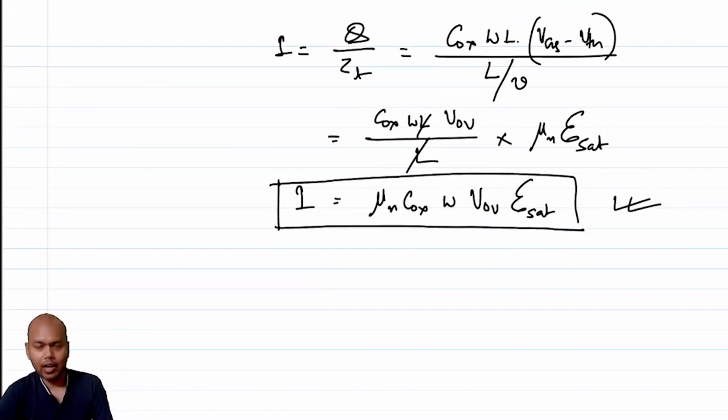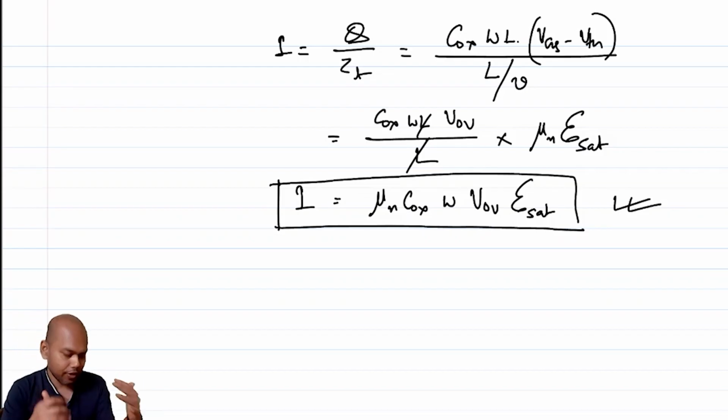In a short channel MOSFET where the entire channel is velocity saturated, there is a linear relationship with the overdrive and no relationship with respect to L. And almost invariably, in modern technologies, most of these bulk CMOS based technologies, you fall neither in the long channel category nor in the short channel category, but somewhere in between. But it's good to know what the limits are.